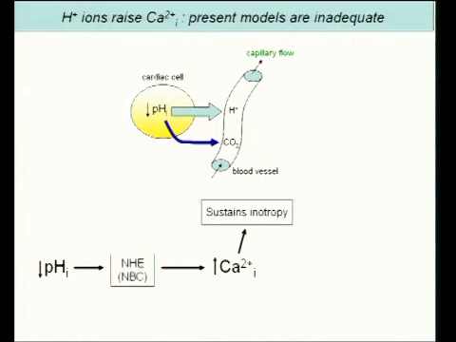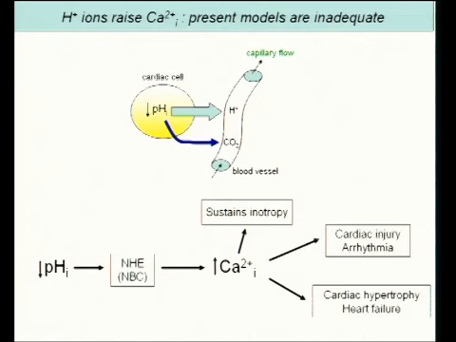And part of that seems to be mediated through activation of the sodium hydrogen exchange protein, also to a lesser extent the sodium bicarbonate cotransporter. And we proposed about 20 years ago that this increase in intracellular calcium sustains contraction in the face of the acid load. So it's a cellular protective mechanism tending to maintain calcium-dependent function while protons are being removed from the site of generation.